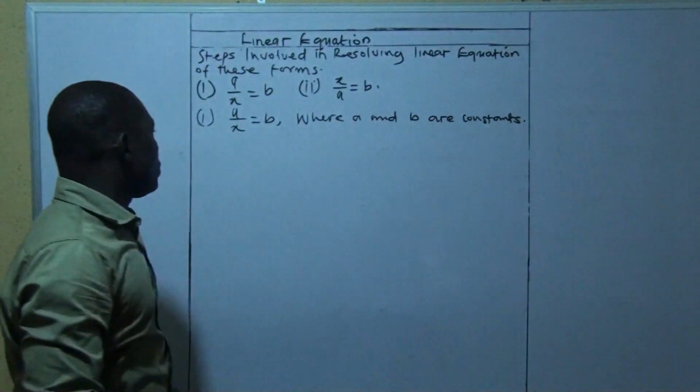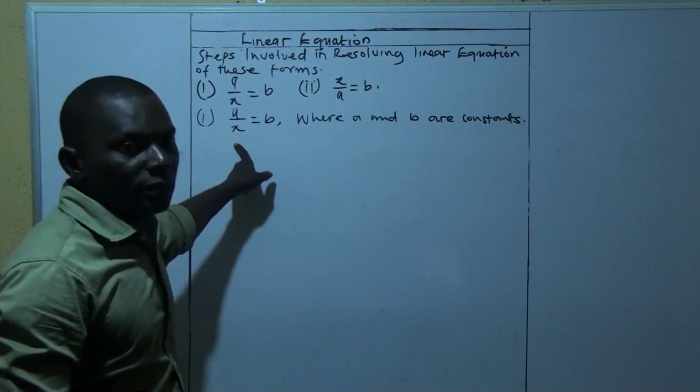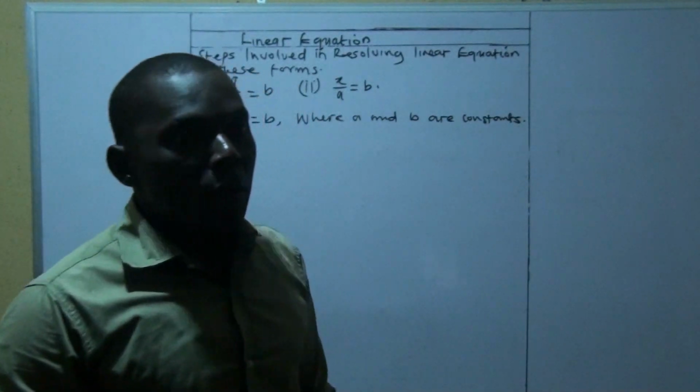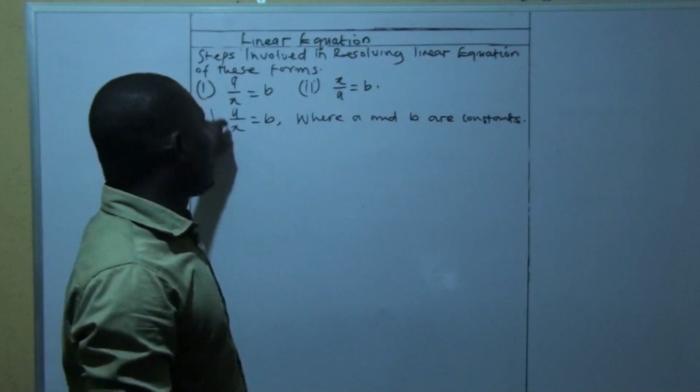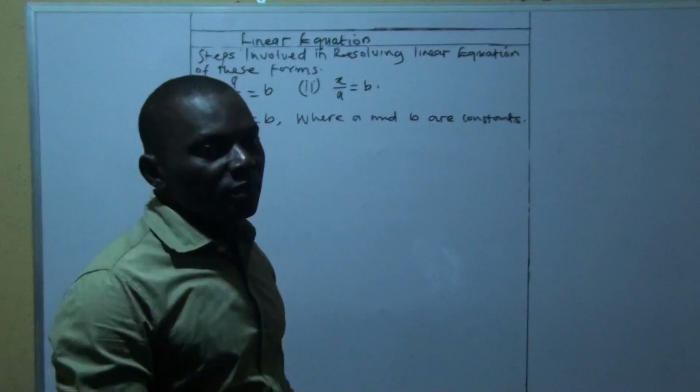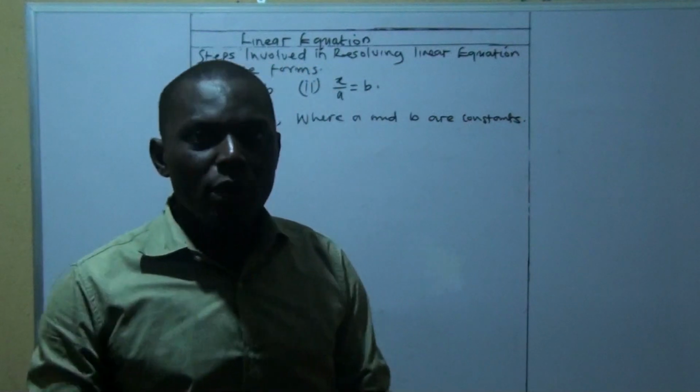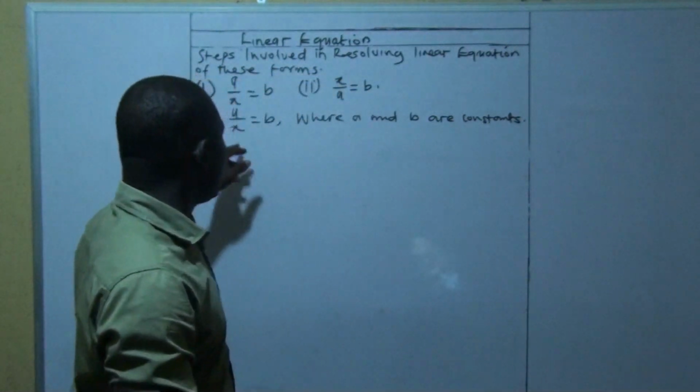The coefficient of x, which is the unknown here, is also a. So here we are going to look at how we resolve this.